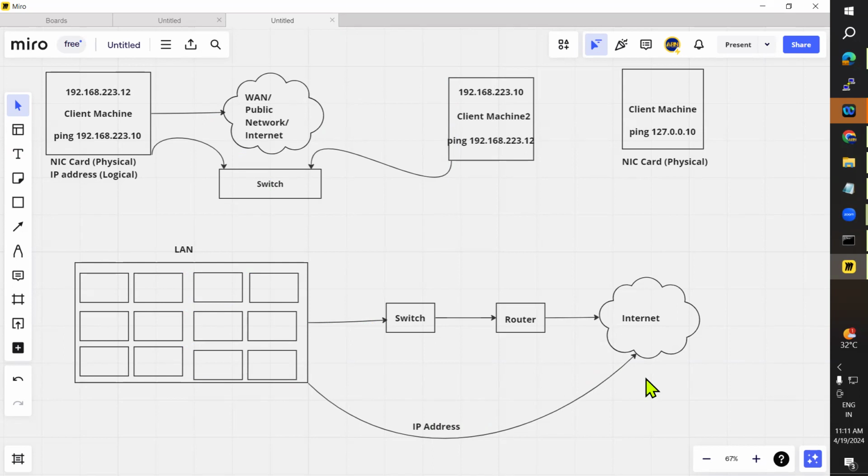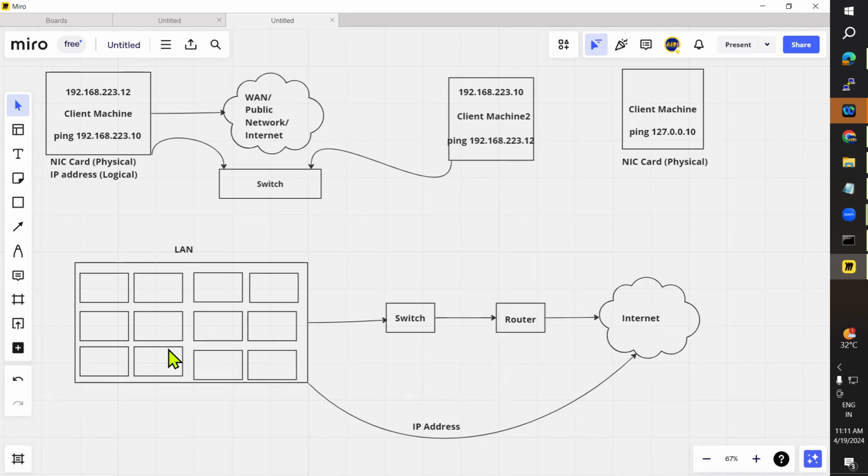Otherwise, they cannot communicate. So if we give an IP address to each computer here, how many IP addresses? 1, 2, 3, 4, 12 IP addresses. So let's assume TCS, Infosys, HCL, companies which we know.